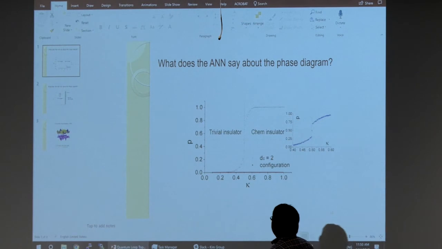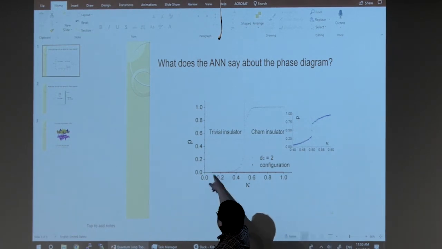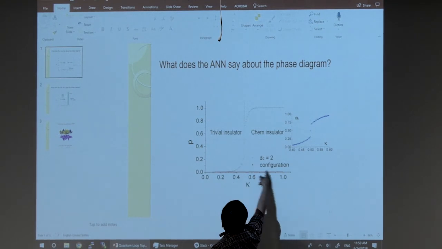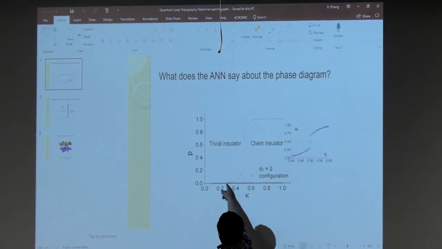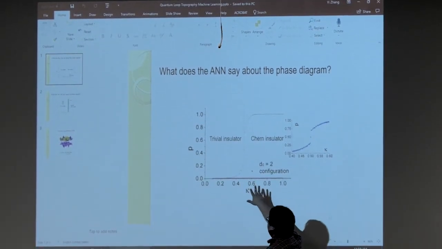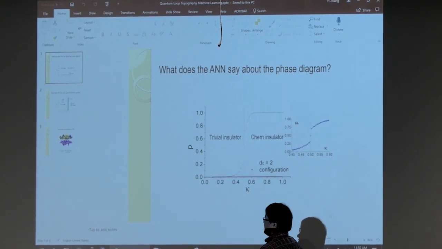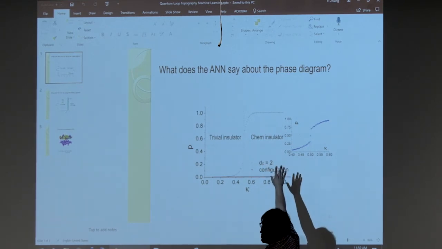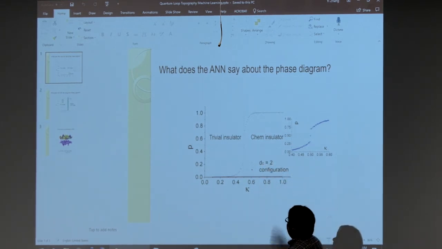Once the training is complete, we gather Monte Carlo samples of operators from the intermediate values, and we input these operator values as our input data. The output tells us that if it's 1, it's a Chern insulator, and if it's 0, it's a trivial insulator.